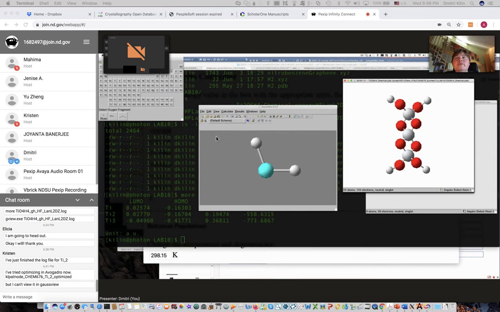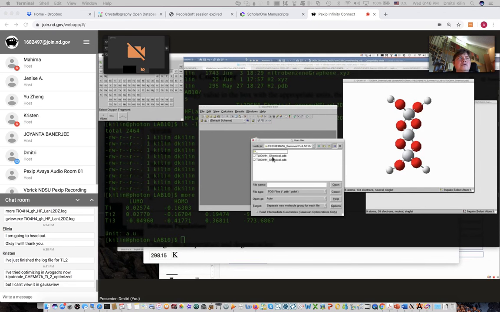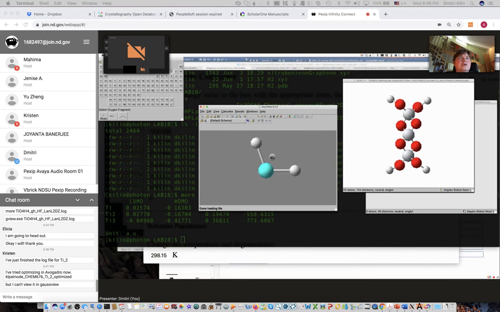Let me look for other geometries. Open 2. And for the 2, it also looks correct. I don't know if you started from this geometry and got a small gap, it's a little strange. I would be interested to explore why.